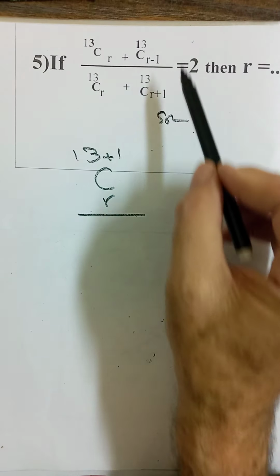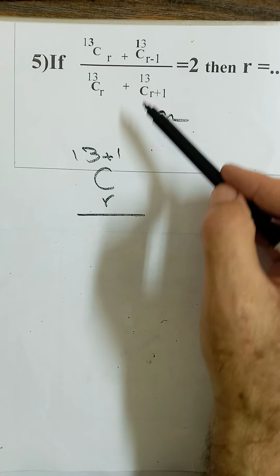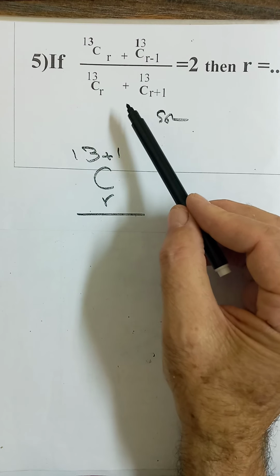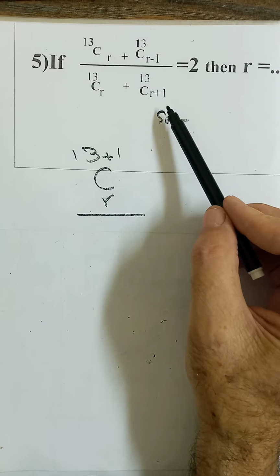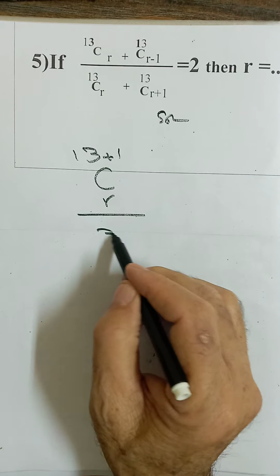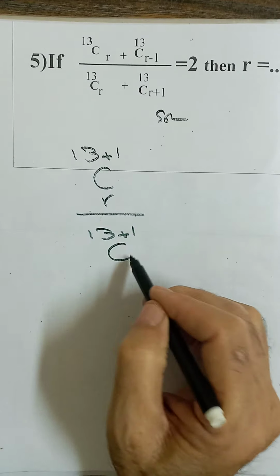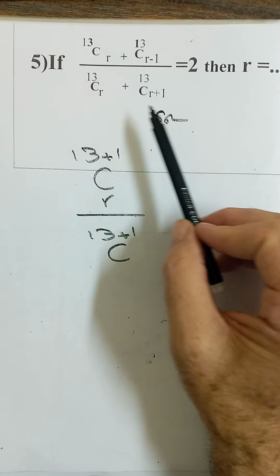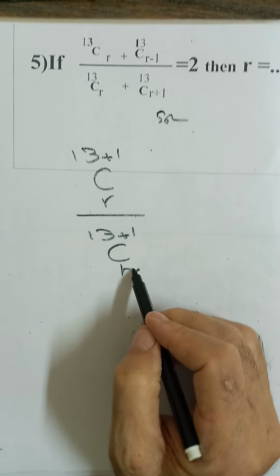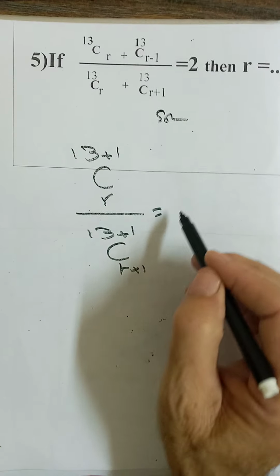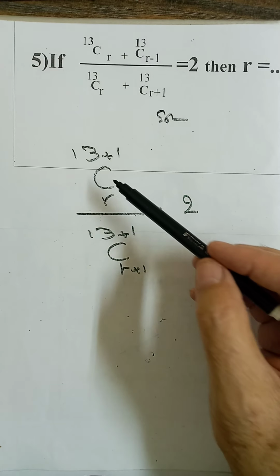Left hand side, the denominator here: 13CR plus 13CR plus 1. Add 1 to the upper, take the bigger. Who is the bigger, R or R plus 1? R plus 1. This equals 2.